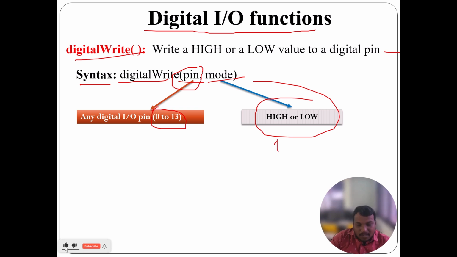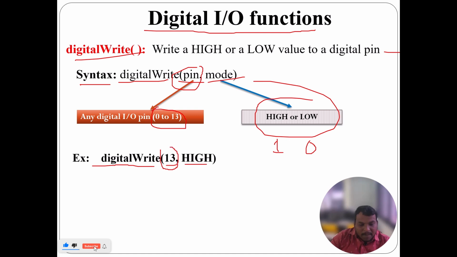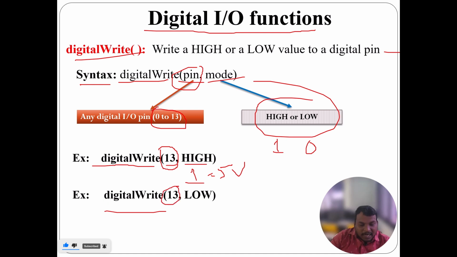High means 1, low means 0. So digitalWrite(13, HIGH) means at pin number 13 the value is 1, which means we can know that 5 volts is there. Next example, digitalWrite(13, LOW), which means 0 volts.